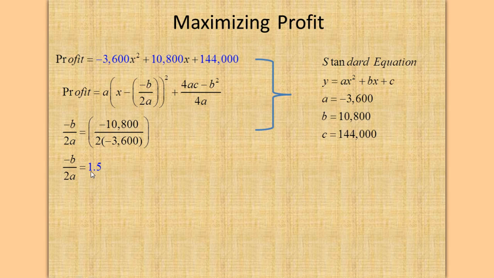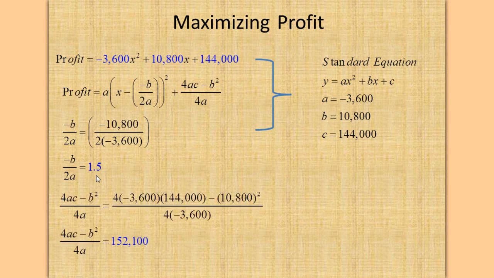If we do that, minus b over 2a is 1.5. And for 4ac minus b squared over 4a, if we plug in all of these constants, we get 152,100 for that term.